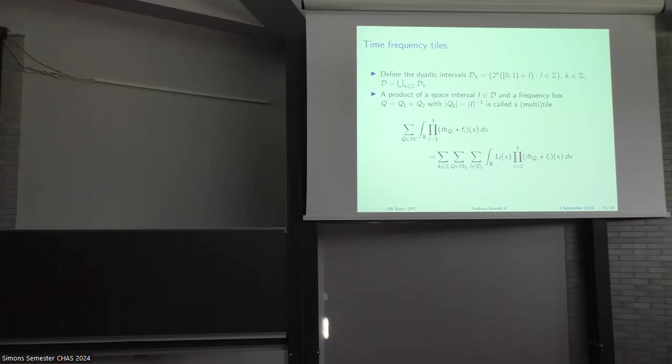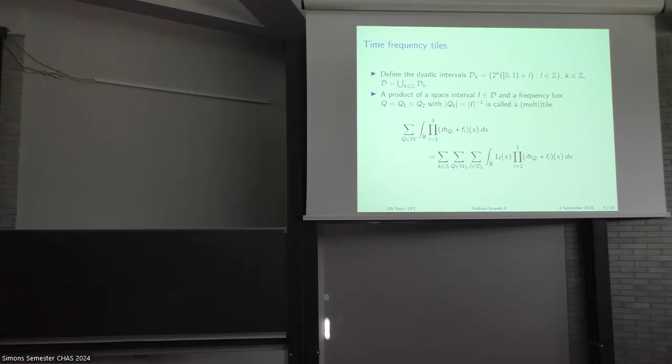And now, given one of these frequency boxes of side length 2 to minus k, as it were, the uncertainty principle tells us that the smallest sets which are essential are the ones with side length 2 to k in space. So we define the dyadic intervals in the usual way, and we denote them by dk.